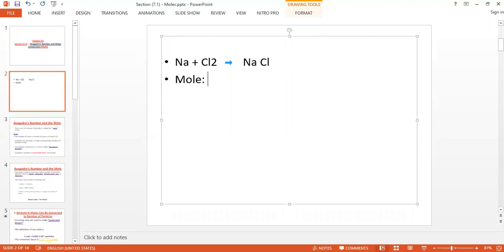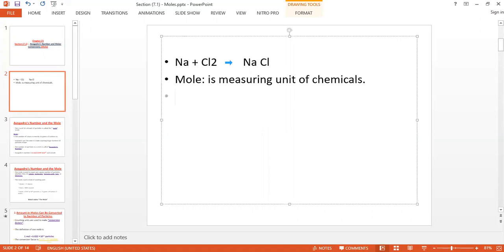So, the first sentence about mole: mole is the measuring unit of chemicals. What do you mean by chemicals? I mean atoms, ions, particles, formula units, and so on.